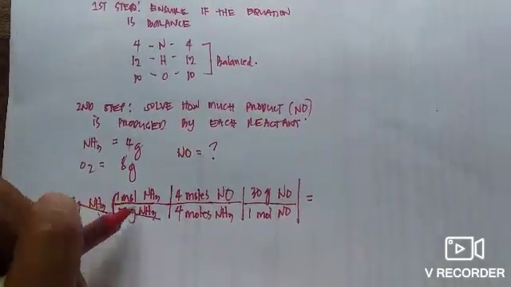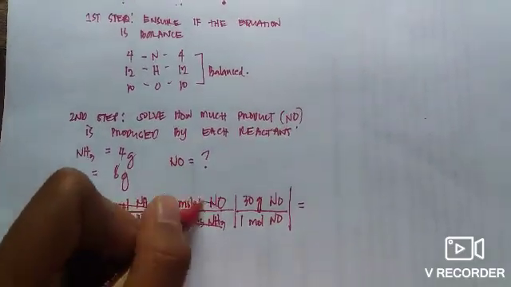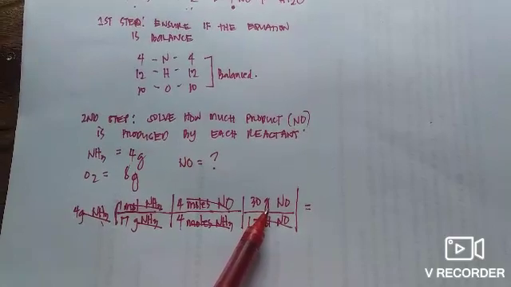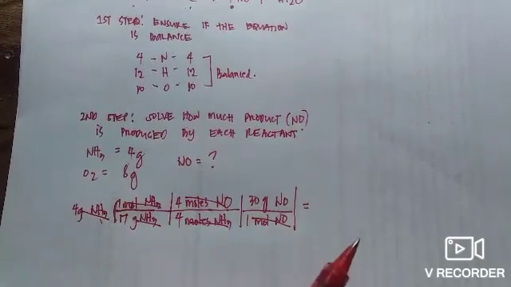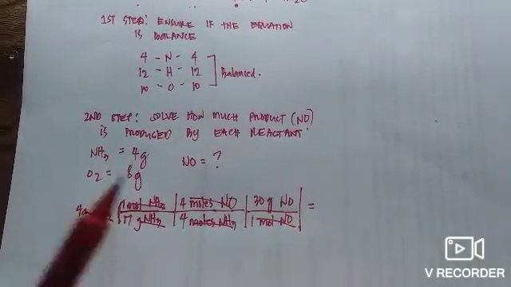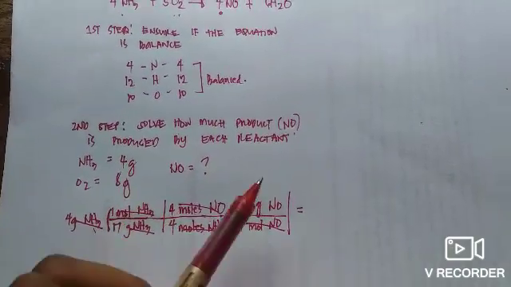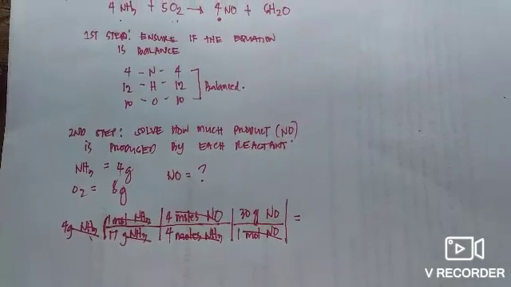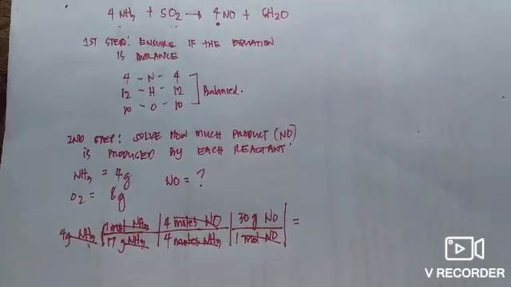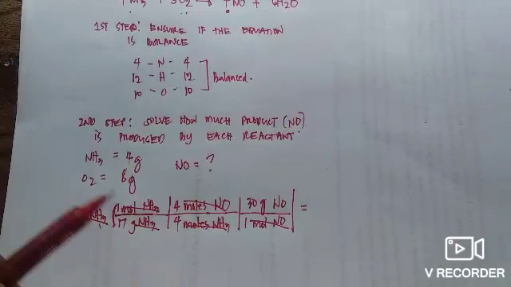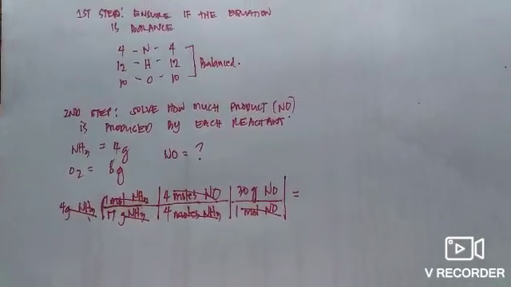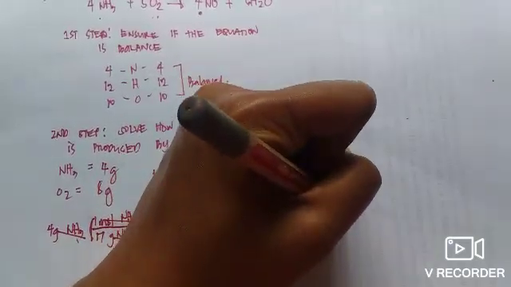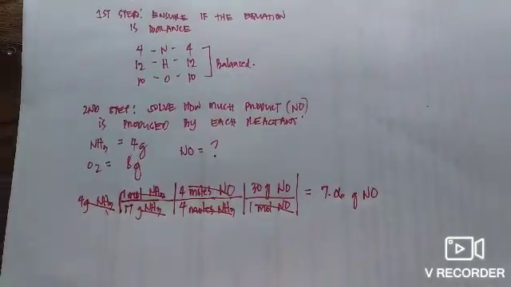So grams NH3, mole NH3, mole nitrogen monoxide, and we will retain the unit of grams of nitrogen monoxide. So solve 4 times 4 times 30. We'll be getting the result, then divide it with the product of 17 by 4. We will obtain the answer of 7.06 grams of nitrogen monoxide.